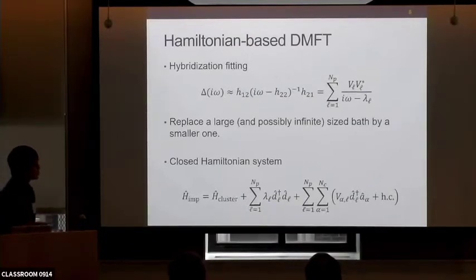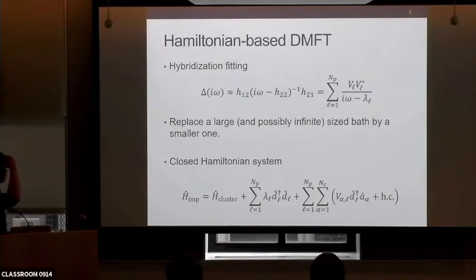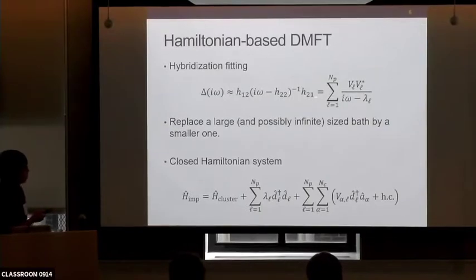You can diagonalize this H22, which is a Hermitian matrix. Its eigenvalues are denoted by lambda, so you can put them in the denominator. Then on the numerator, you combine the eigenfunctions with this H12 and H21. You get this V_l and V_l star.